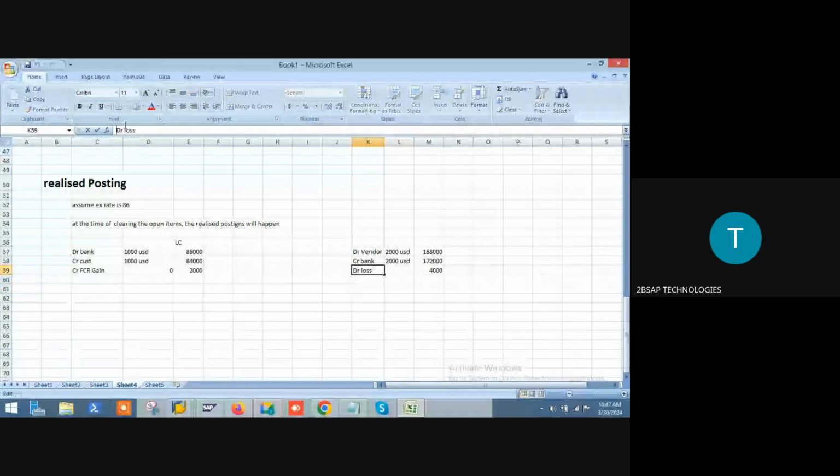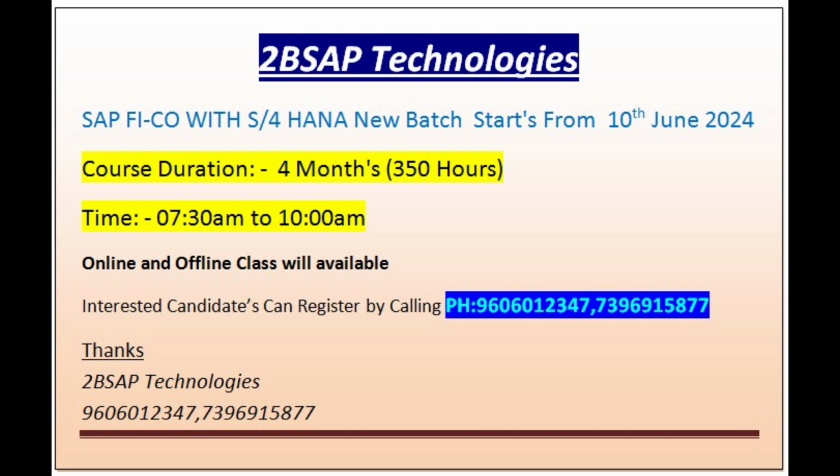Entry clear? Yes, sir. Write down, sir. Sir, will you be able to do it if your exchange rate is, assume it is 83, less than your 84? In such cases, here you will get loss, there you will get gain, which you are able to adjust, I think.